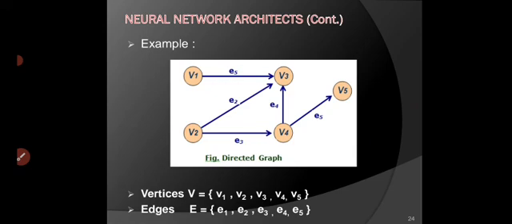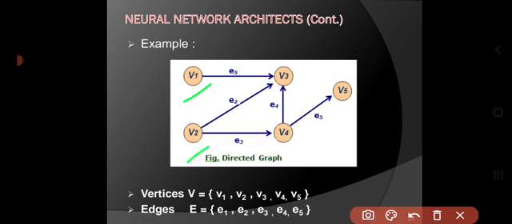This is one example. Here these are the inputs and it may be output also, but V are the vertices and E means edges. V represents input or output, but E always represents the weight.